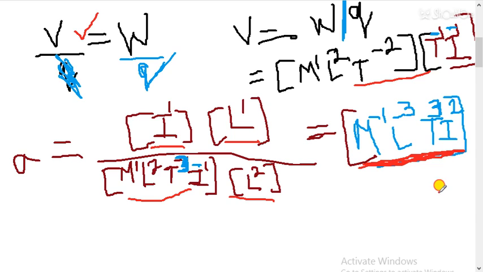Sometimes I is written as A also, A^2. So you have to take care, and this question was asked in JEE exam 2016 online. So I have discussed it with you. Its answer will be M^-1 L^-3 T^3 and I^2. Option A will be the right answer for this one.